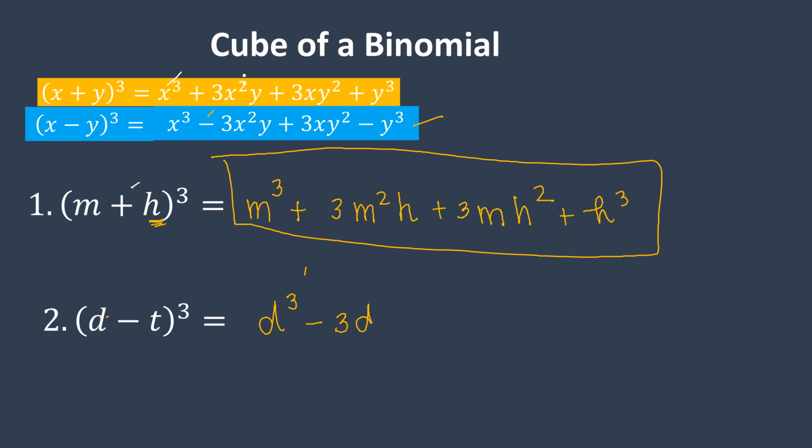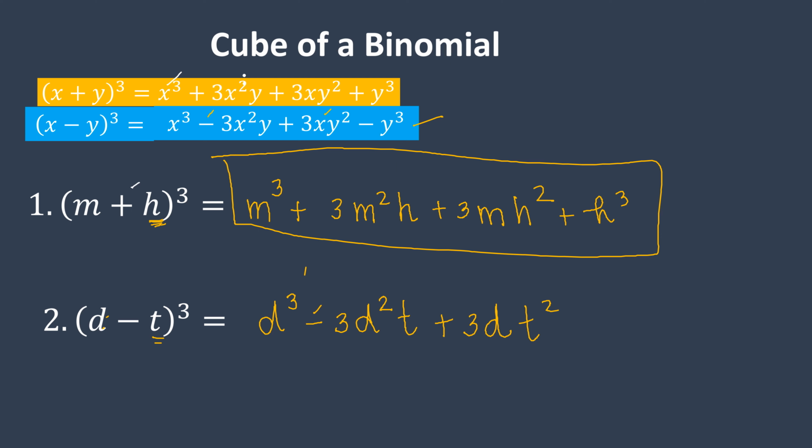So our first term is d, so d squared. And then the second term is t. Do not include anymore the sign because we have it already. And then plus 3, where x refers to the first term, which is d, and y refers to the second term, which is t.